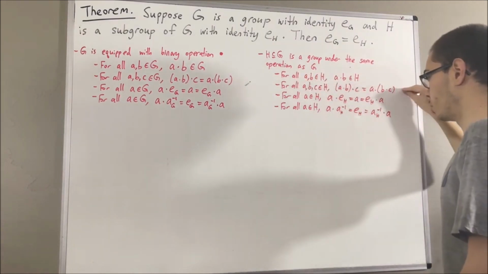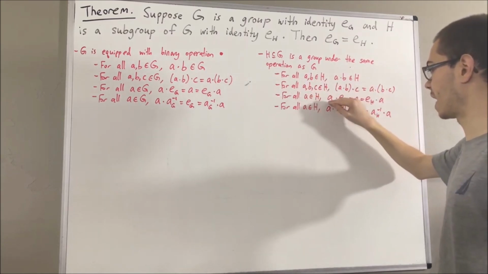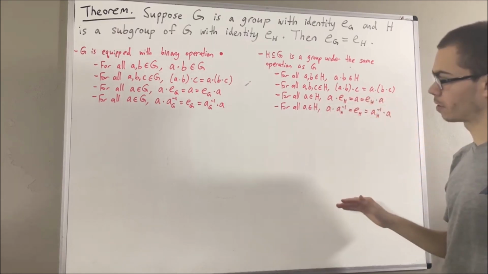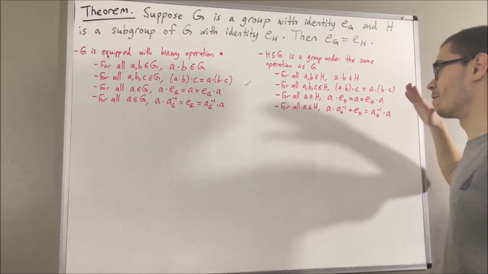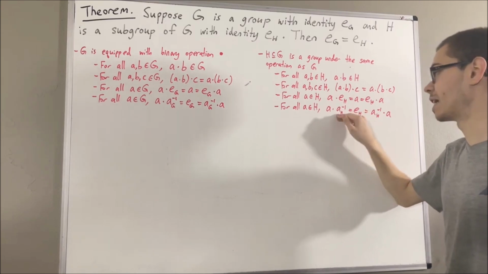The associative law holds, and the identity of H tells us for all A in H, A times EH is equal to A, and EH times A is equal to A. And also, every element of H has an inverse. And for now, we are going to denote the inverse of A in H as this.